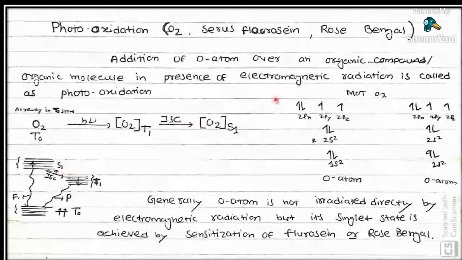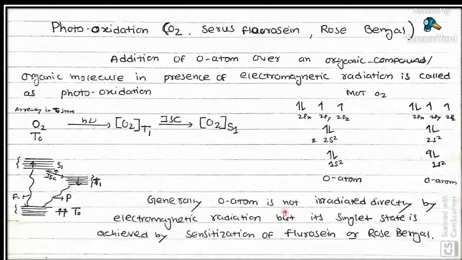So here what happens, let's read it. Addition of oxygen atom over an organic molecule in presence of electromagnetic radiation is called a photooxidation reaction. Means if you have one organic molecule and you just have to add the oxygen species in that. So generally oxygen atom is not irradiated directly by electromagnetic radiation, but its singlet state is achieved by sensitization of fluorescein or rose bengal.